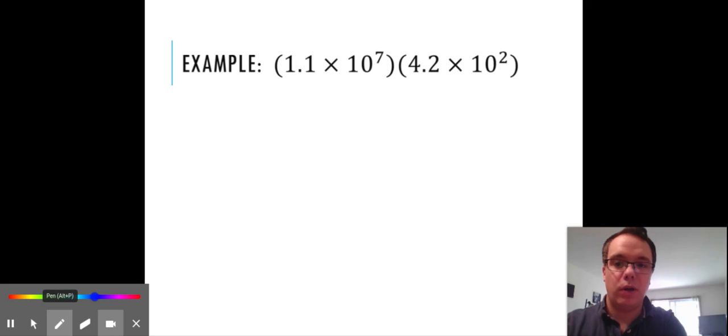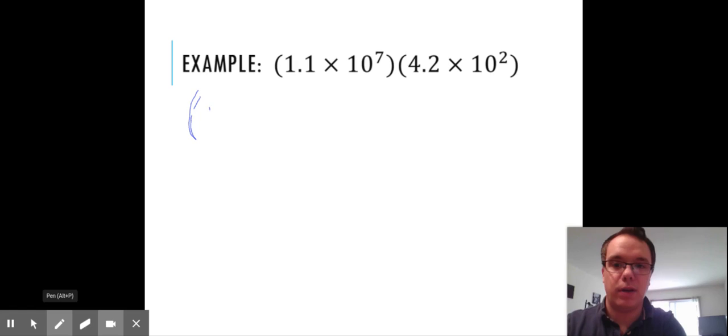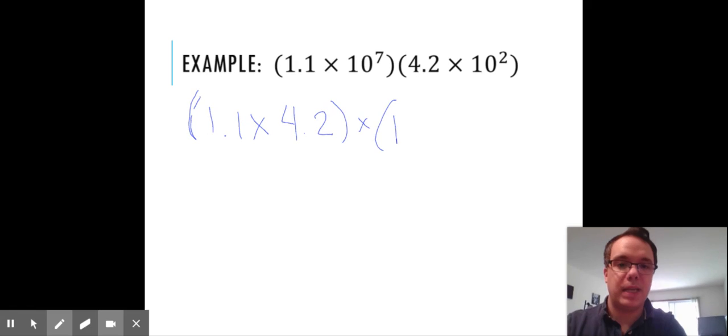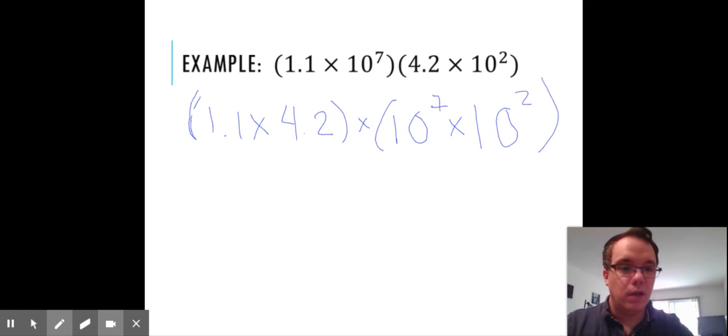So what we're going to do, like I said, since multiplication is commutative, we're going to put our 1.1 times our 4.2 together. And then we're going to put our 10 to the 7th times 10 squared together. So if we do that, then we can go ahead and simplify.